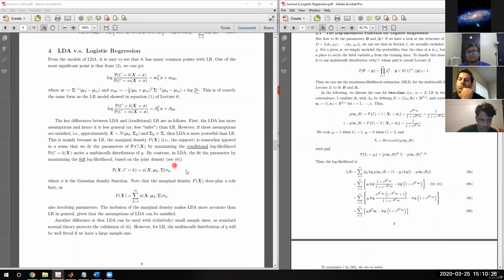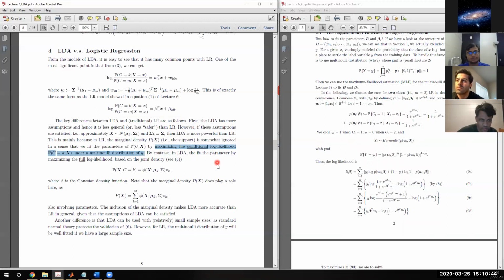What we're doing in logistic regression is maximizing the conditional log likelihood, and we set a multinomial distribution for y, and we do the job.